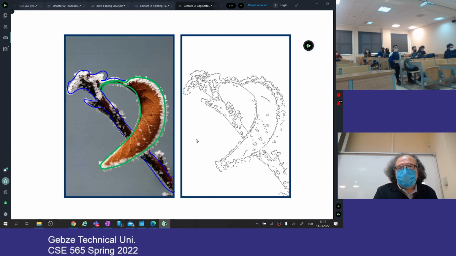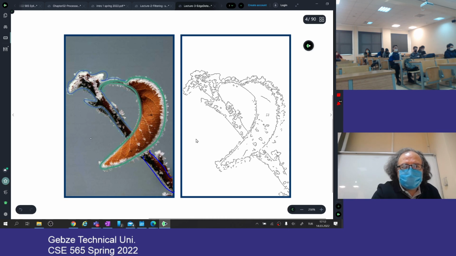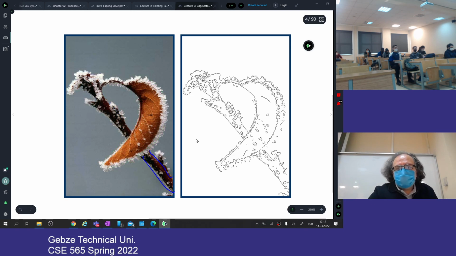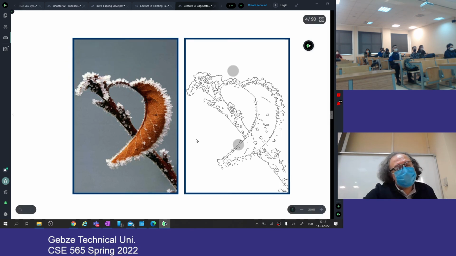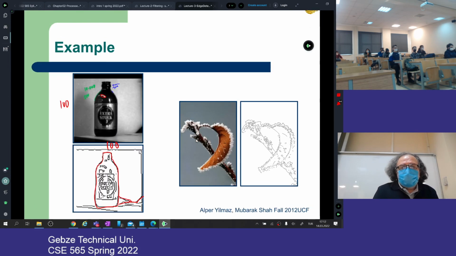If I extract the edges of this nice picture using some kind of an algorithm, this is what I would get. But our object borders are very different than what I am getting from this edge detection, right? So let's make this clear at the beginning of this edge detection. Edge detection's purpose is not to give you the edges of objects.